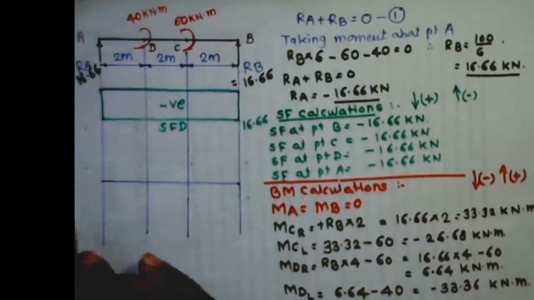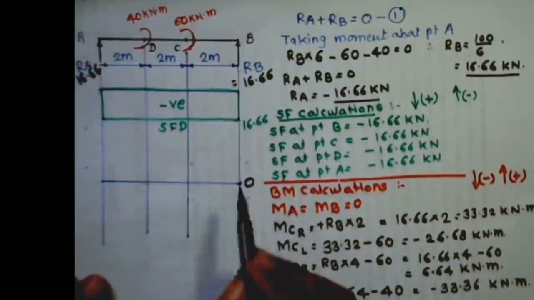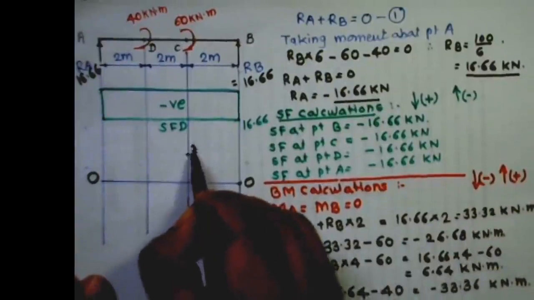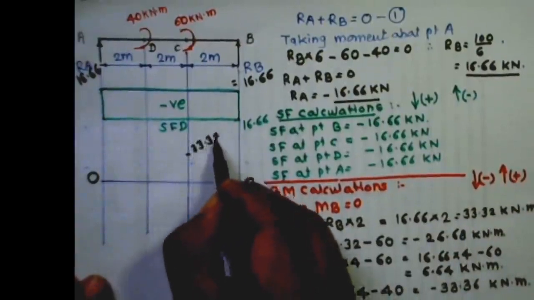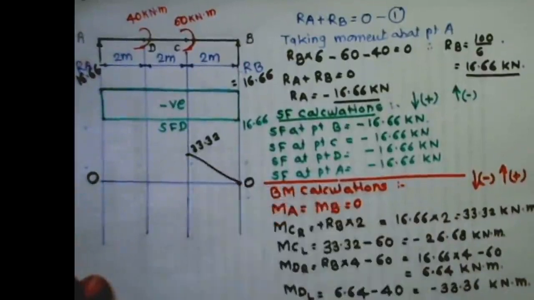So now we have to plot this moment. At point B the moment is 0, at point A the moment is 0, at point C at the right hand side 33.32. There is no load, so we have to join by an inclined line.